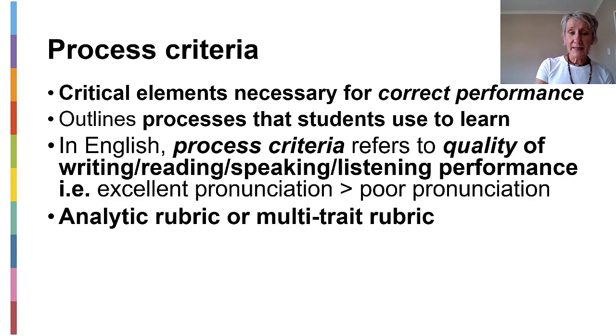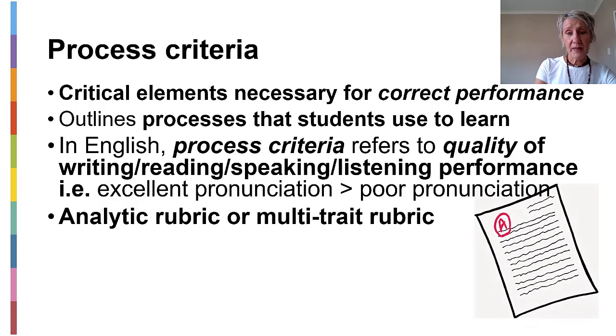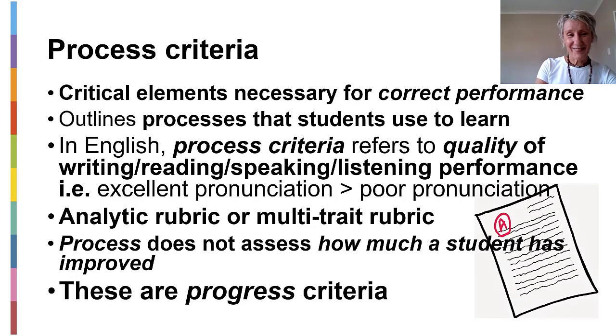Here you'd use an analytic rubric or multi-trait rubric because you'd have different aspects here, different criteria you would need to assess for this kind of process that they had to apply. They got the A there.